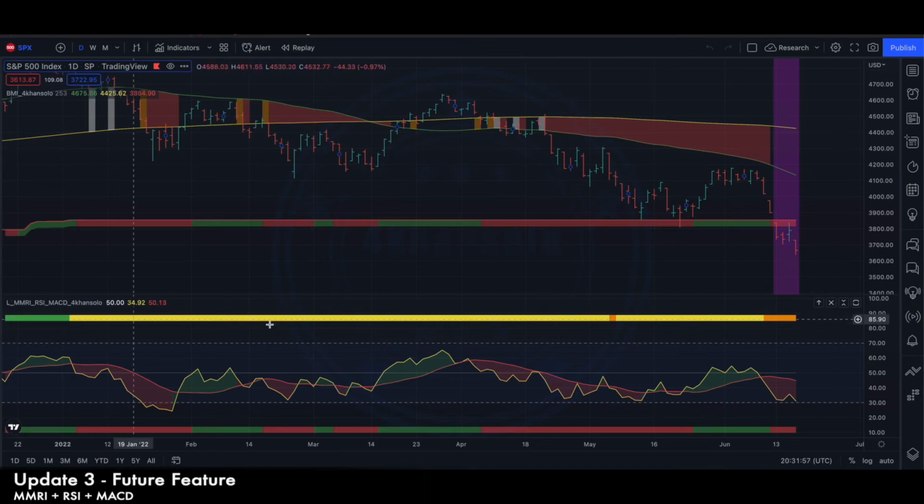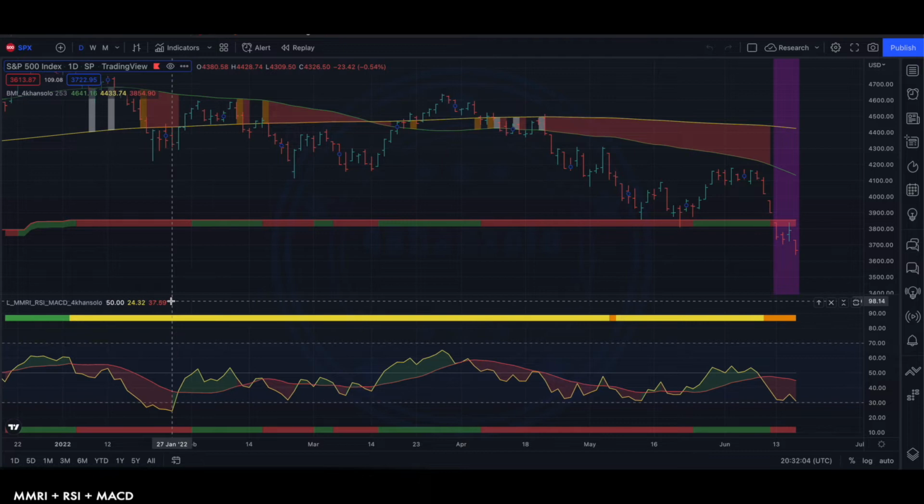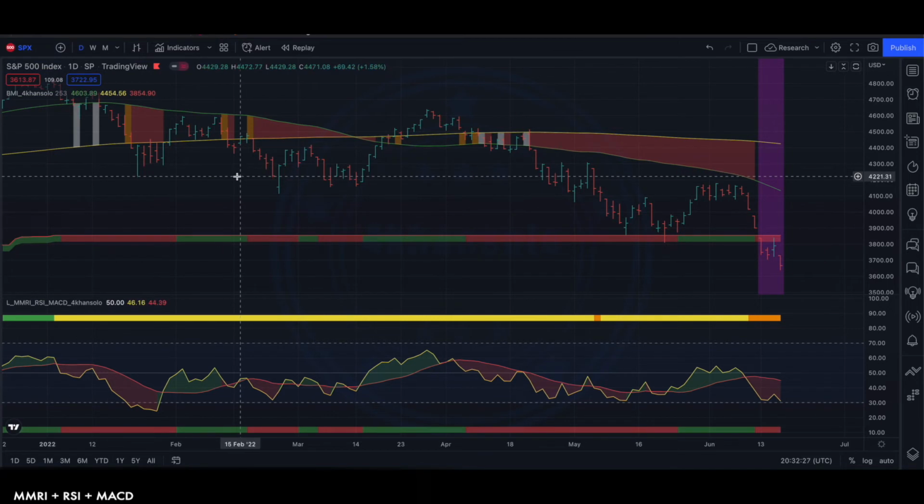Next, I have a new library added. It is composed of other indicators that include the MMRI, the RSI, followed by a MACD. And you might notice that there are two MACD signals here. Well, this MACD will be directly based on the equity or the security. So basically, if this was a stock, then the MACD would be based on the stock.